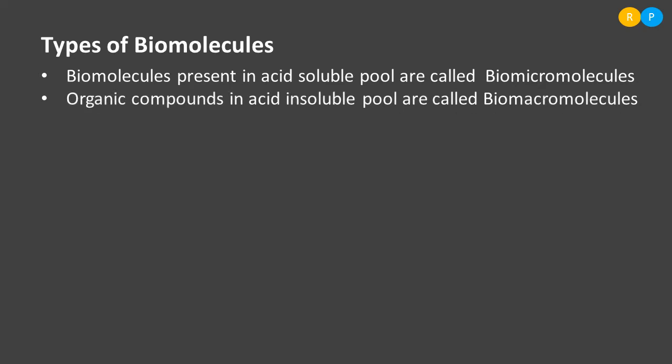And the organic compounds present in the acid insoluble pool are called biomacromolecules. So some biomolecules have smaller weight and are named biomicromolecules, and some organic compounds having larger molecular weight are named macromolecules.